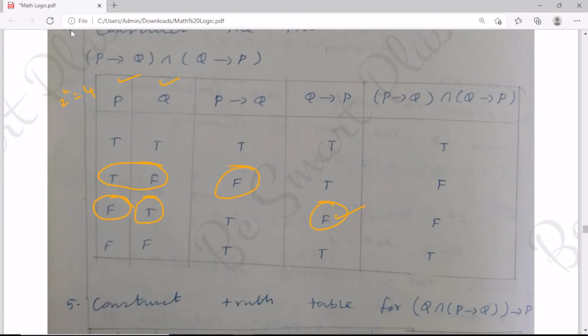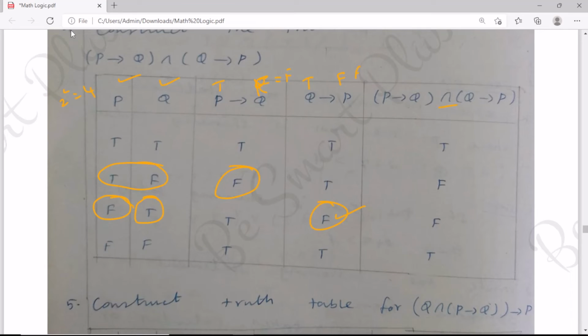If P is true and Q is false, then only P conditional Q is false. If Q is true and P is false, then Q conditional P gives the truth value false, right? That is the only difference. All the remaining cases are true only.